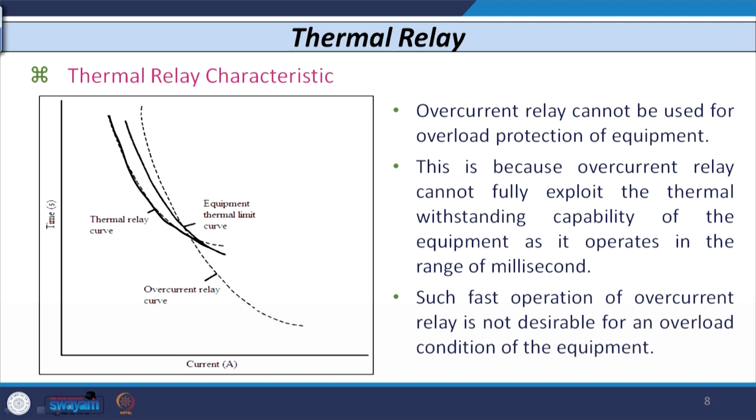Whereas, if I refer to the curve of the overcurrent relay, you can see the curve is like that, and if I use this curve, then we are unnecessarily tripping very early for equipment which is capable of taking care of a percentage of overload for several minutes or seconds.